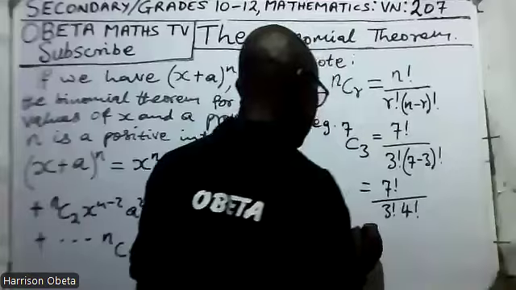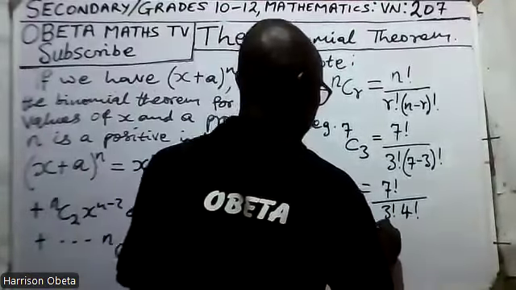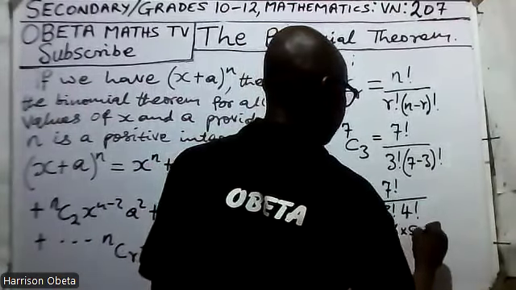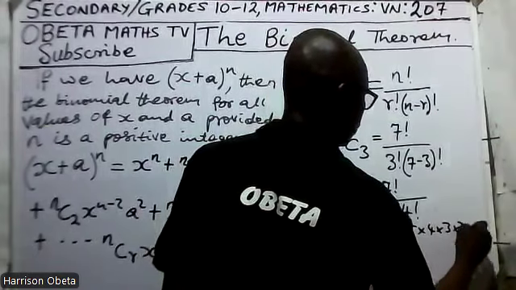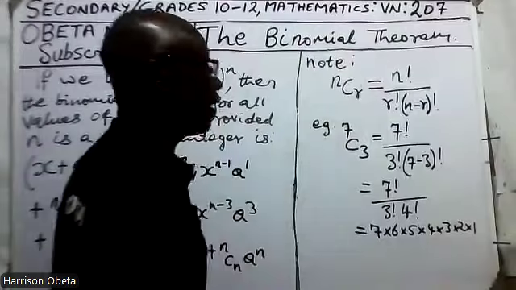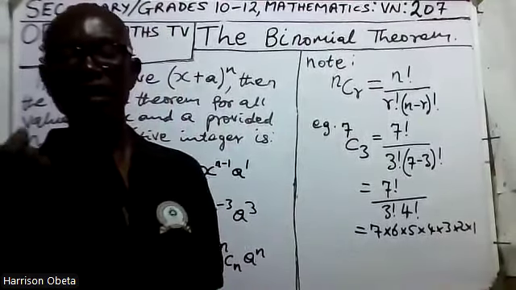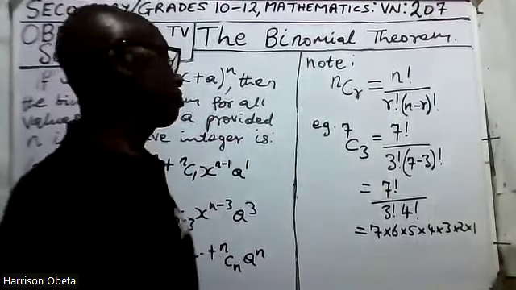And then this will now lead us to 7 times 6 times 5 times 4 times 3 times 2 times 1. So 4 factorial is the same thing as 4 times 3 times 2 times 1.